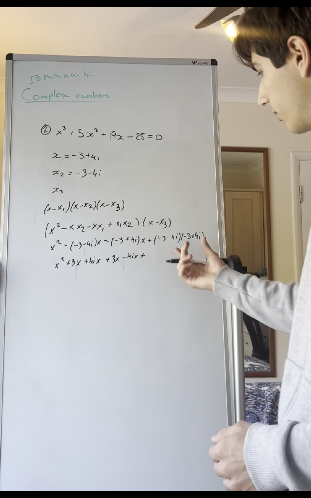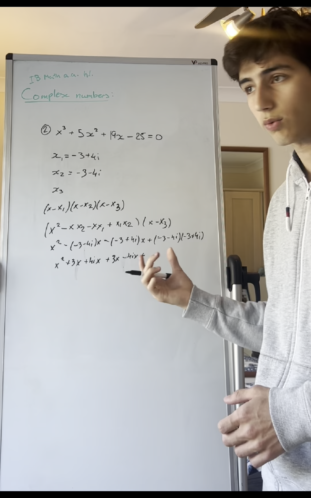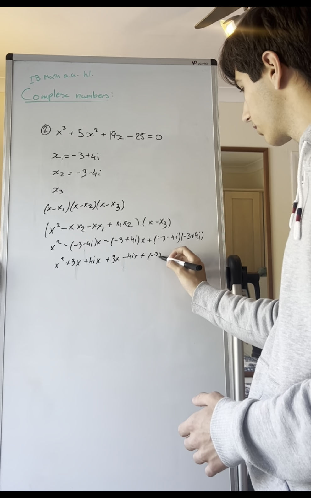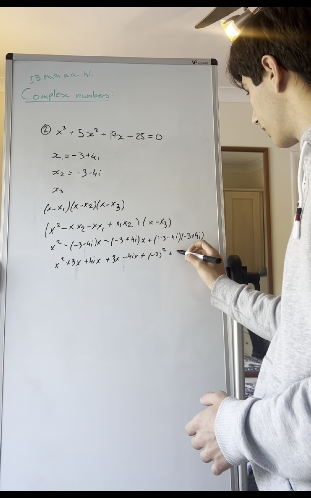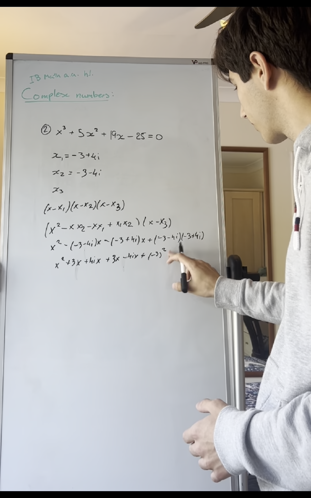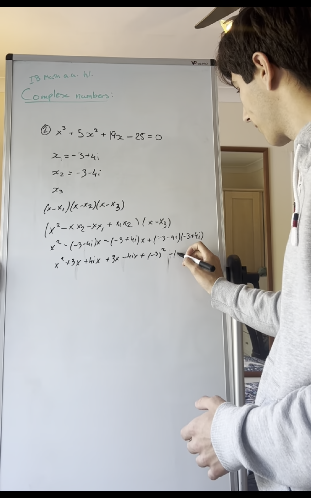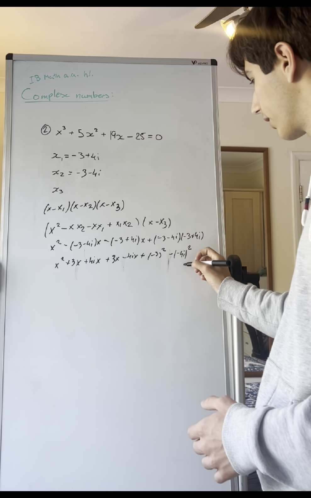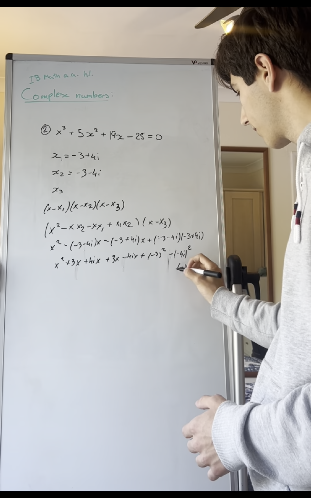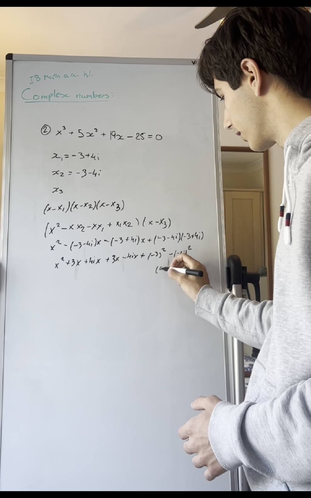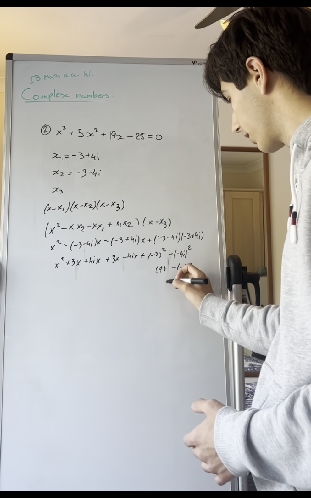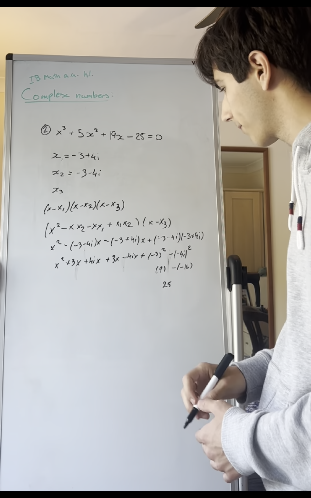Plus, and here we have a difference of squares, so it's going to be negative 3 squared minus negative 4i squared. Negative 4i squared is negative 16, and negative 3 squared is 9. So 9 minus negative 16 is the same as 25.